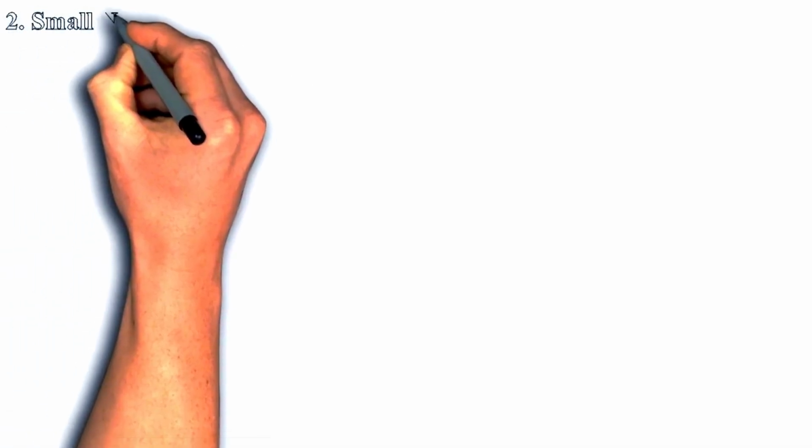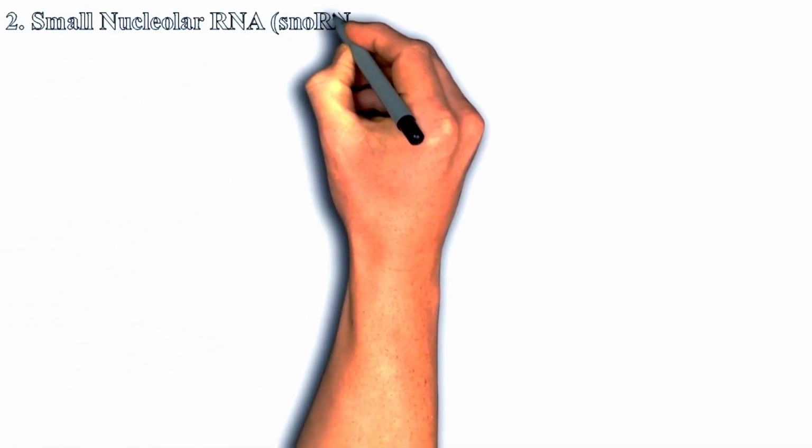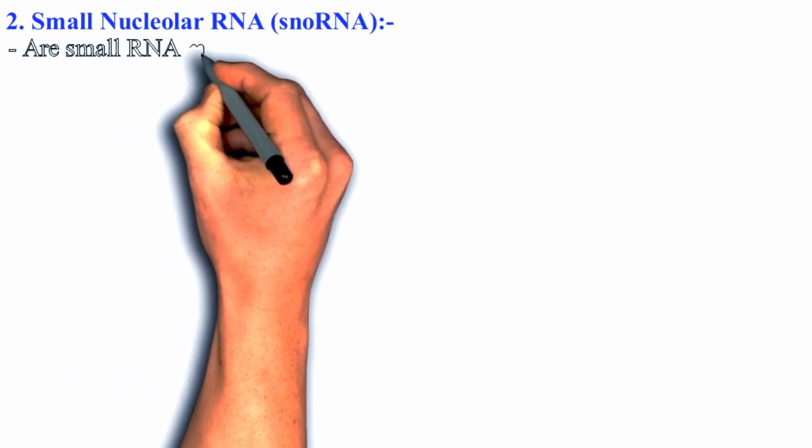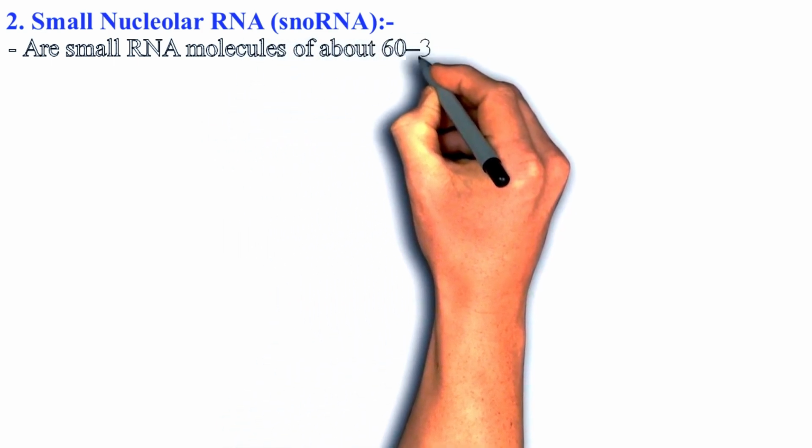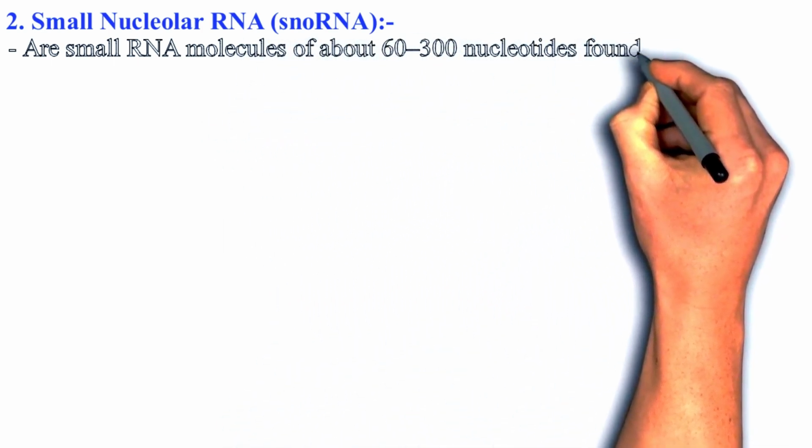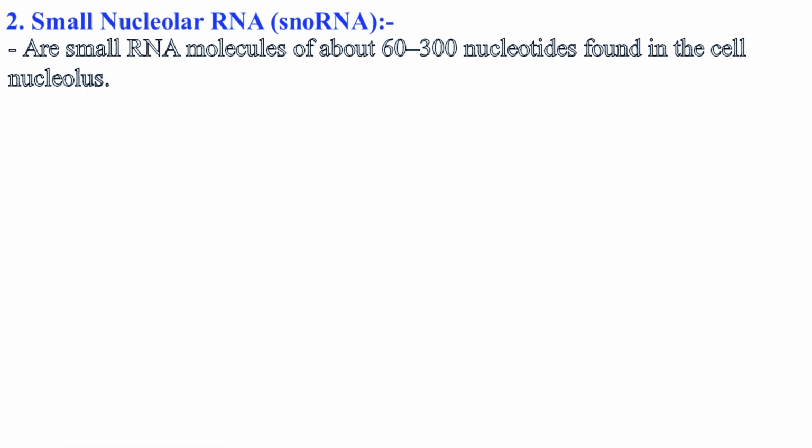Second, small nucleolar RNA, or snoRNA. Small nucleolar RNAs, or snoRNAs, are small RNA molecules of about 60 to 300 nucleotides, found in the cell nucleolus.